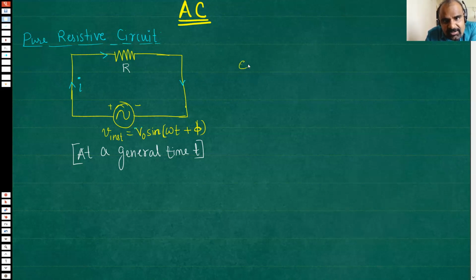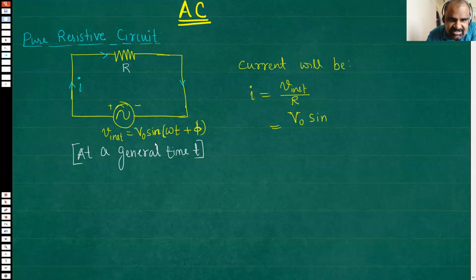So here, instantaneous current is equal to instantaneous voltage divided by this resistance. Ohm's law. Now, instantaneous voltage is V naught sine of omega t, and plus phi may be there.